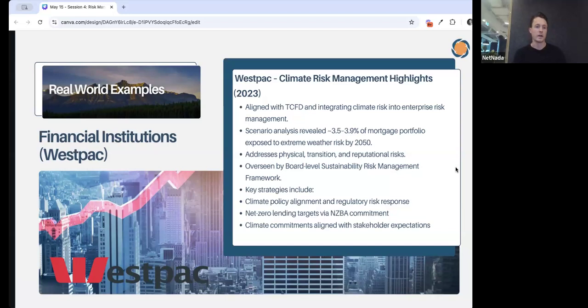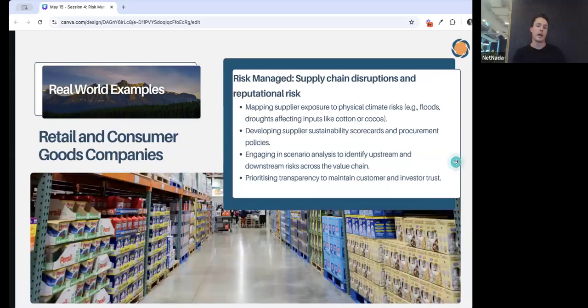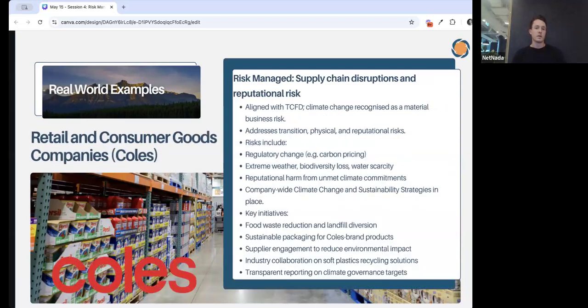And if you go to the next slide, Alex, I've done another example. Again, a weak example in retail and consumer goods, vague, generic, broad, and then jumping across, something a lot more specific with Coles and some very good work that they've done in their supply chain disruptions and reputational risk analysis.